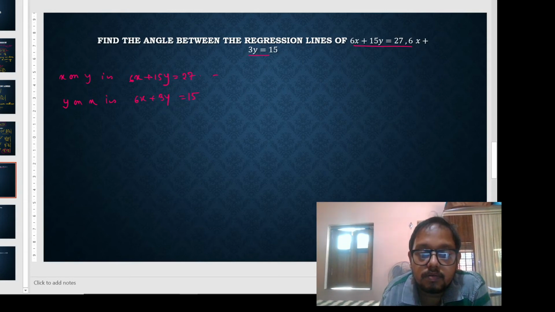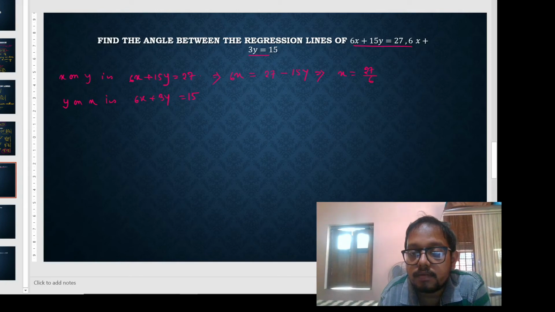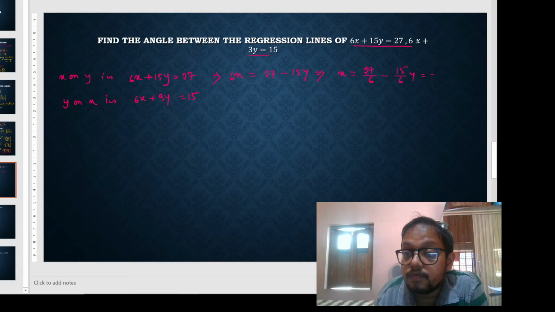So x on y means we can write 6x is equal to 27 minus 15y. So from here x is equal to 27 by 6 minus 15 by 6 y, and so this is minus 5 by 2 y plus 9 by 2.